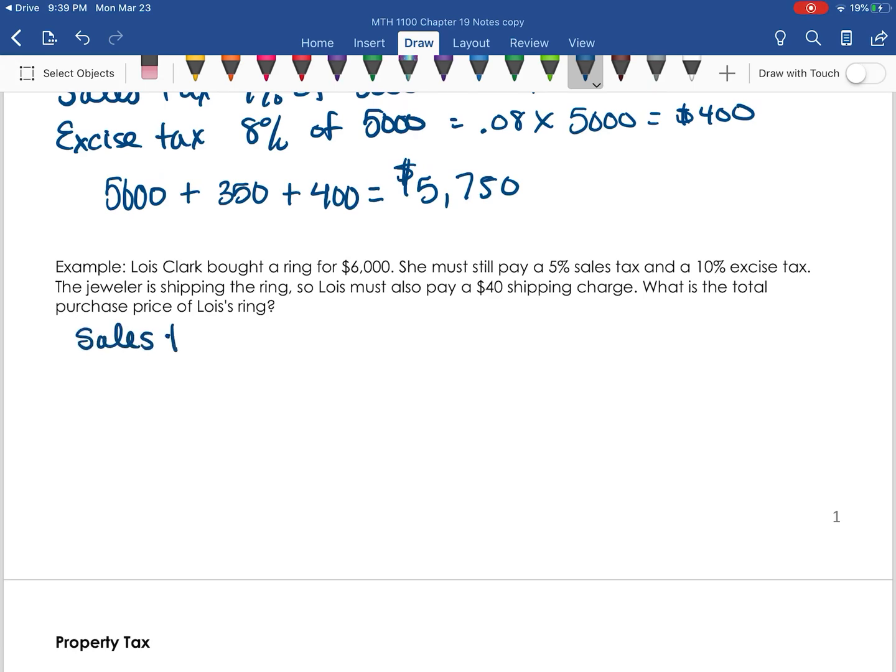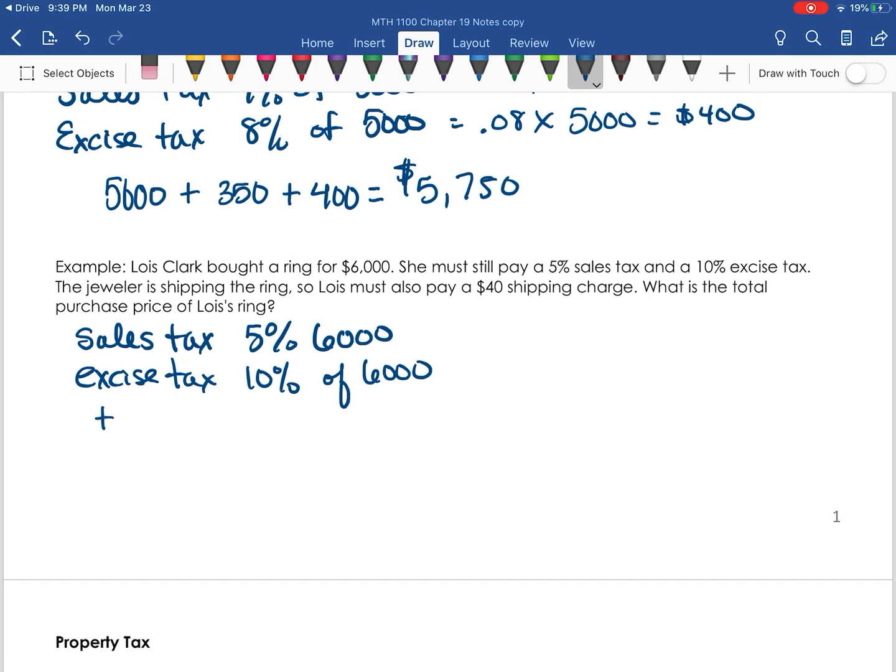So for the sales tax, we need to find 5% of 6,000. For the excise tax, it's 10% of the 6,000, and then we have to add in the $40 for shipping, and then total it all up.